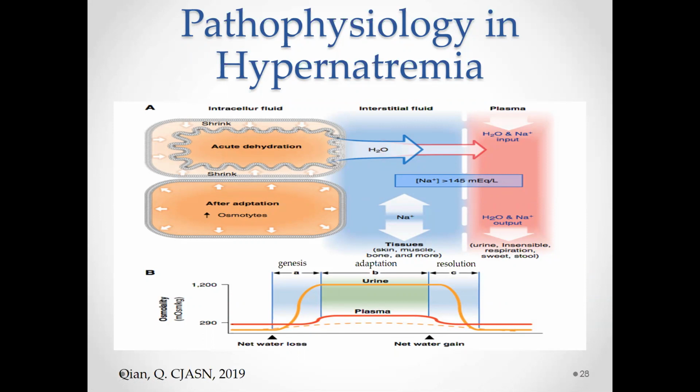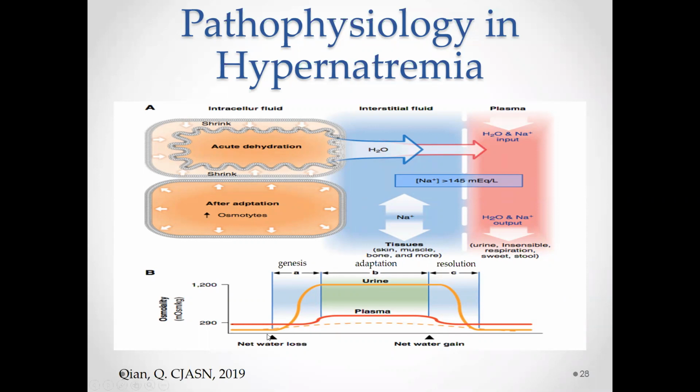Then over the next couple of days, the cell will alter its cellular function to retain more osmolytes like mannitol or taurine to help increase its osmotic gradient intracellularly and suck back some of the water, and it re-expands. So that's generally what the cell does.